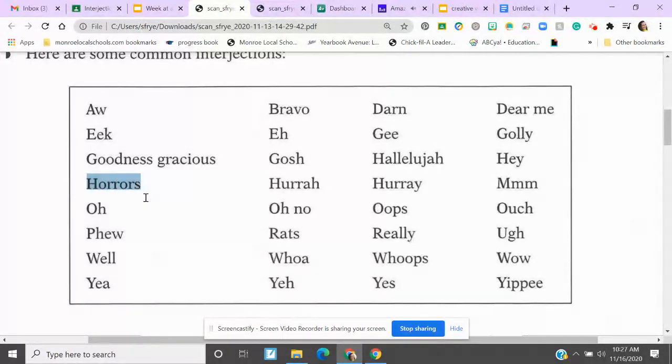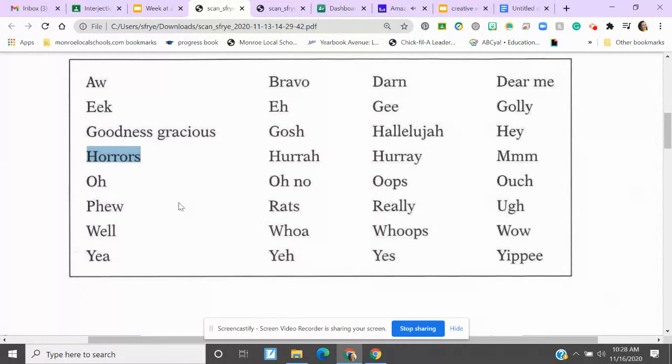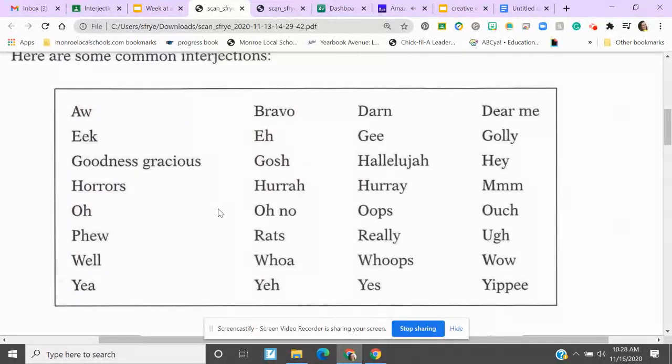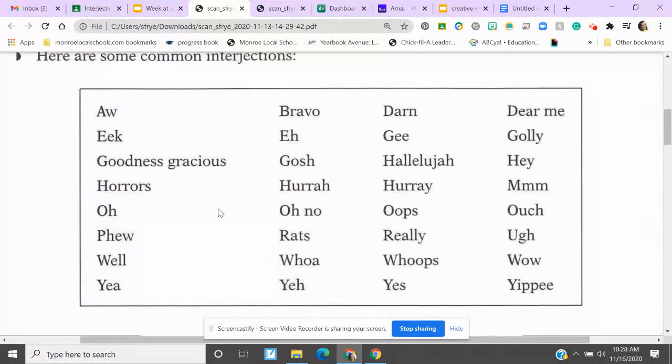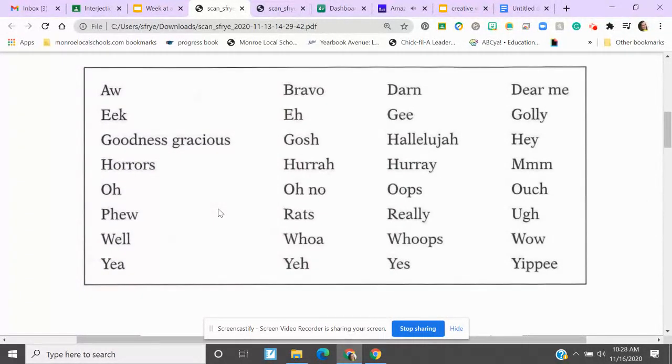I love this one. Horrors. Oh, horrors, I have a quiz. Oh, horrors. Please start saying this. People would look at you like, what is the matter with you? Rats. Anyway, so these are examples of interjections. And again, it's just interrupting the sentence using an interjection.